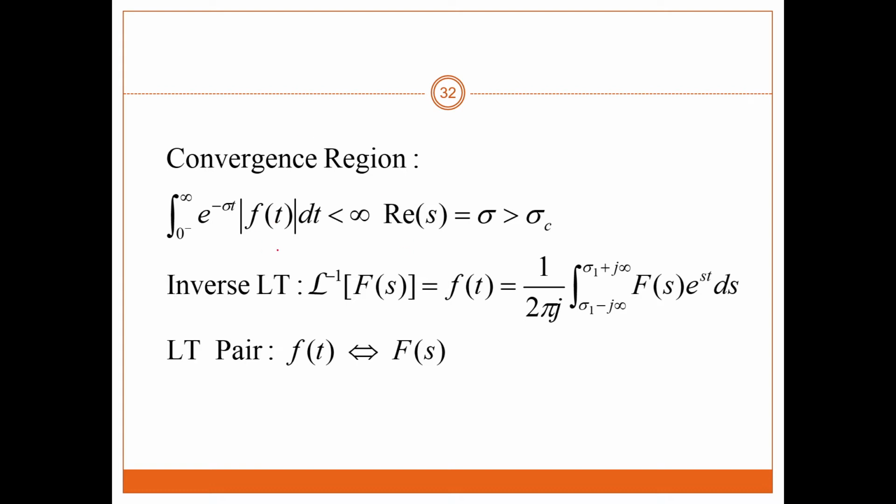Okay, so for the convergence region, for example from 0 to infinity, the function is e to the minus sigma t, f(t) dt. This is the function, and then for the inverse Laplace, we have F(s). We invert F(s) to find f(t) by 1 over 2 pi j times the function multiplied by e to the st. So they are related.